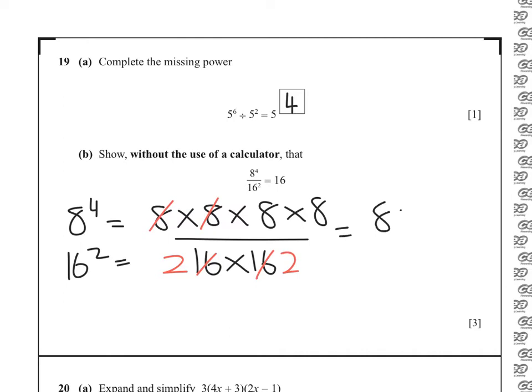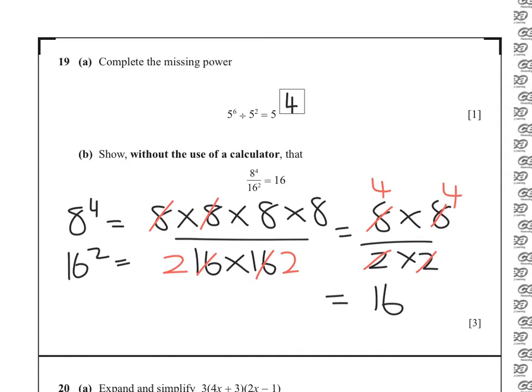And that leaves us with 8 times 8 over 2 times 2. 2 goes into 8 four times. 2 goes into 8 four times, which leaves us with 4 times 4, which is 16.